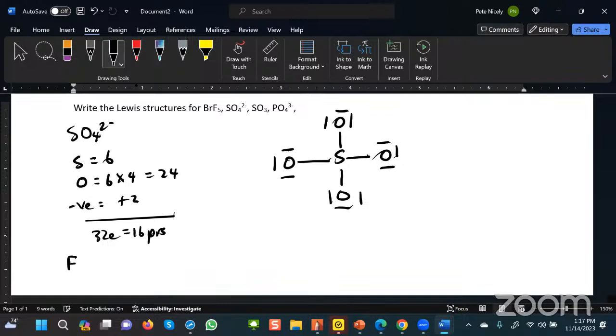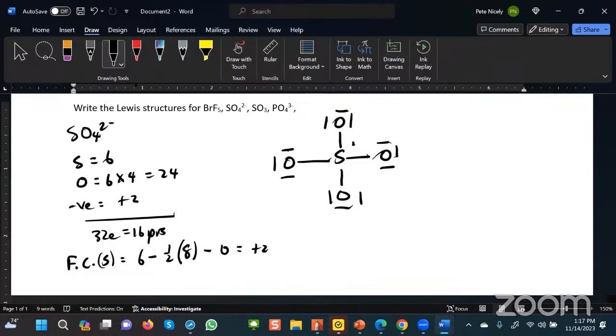Okay, so let's do the formal charge of sulfur. How do we calculate that? 6 minus half of 8 minus 0. So that's 6 minus 4, so that's plus 2.